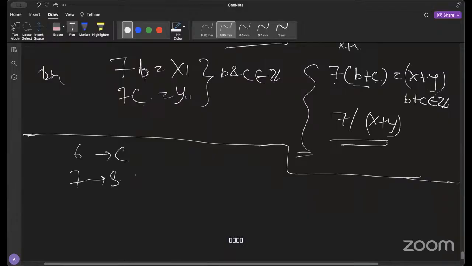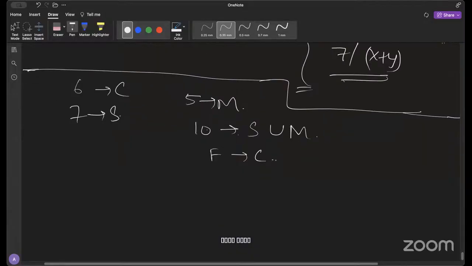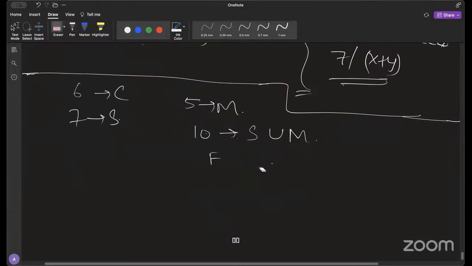Out of these students, 5 are males, and 10 are either straight hair or males. Find the number of females with curly hair. This is my question.